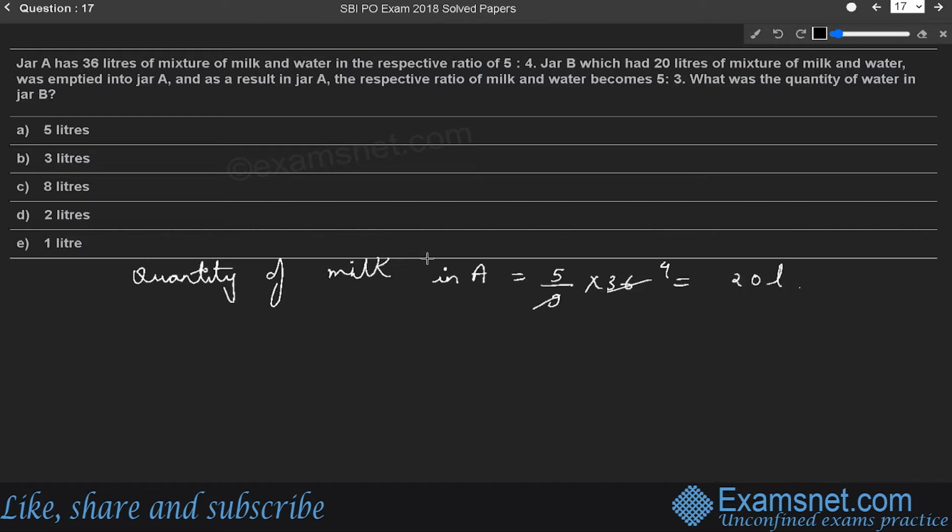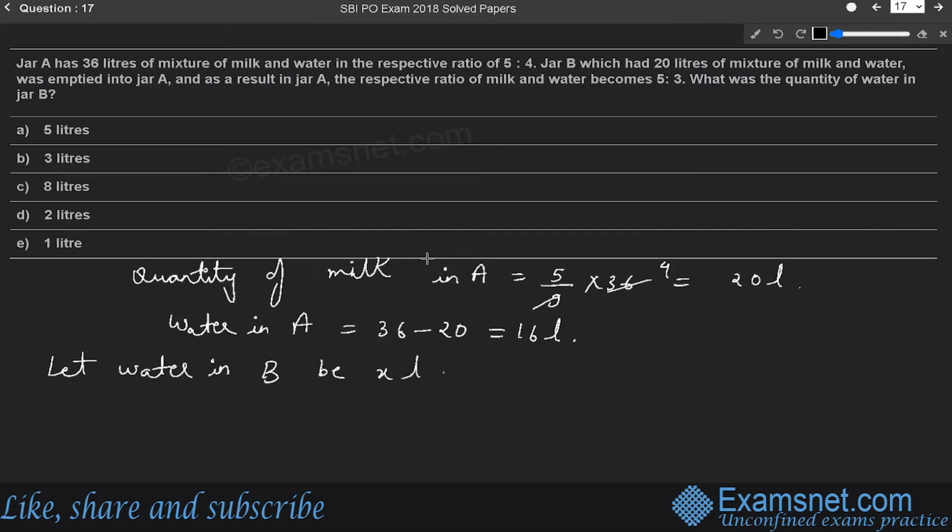Therefore, quantity of water in jar A will be equal to 36 minus 20, which is equal to 16 liters. Now, let the quantity of water in jar B be X liters. Therefore, quantity of milk in jar B will be equal to 20 minus X liters.